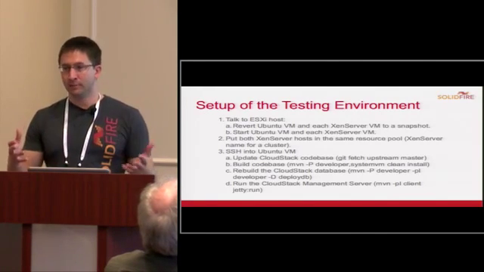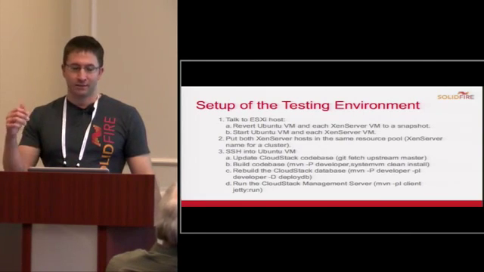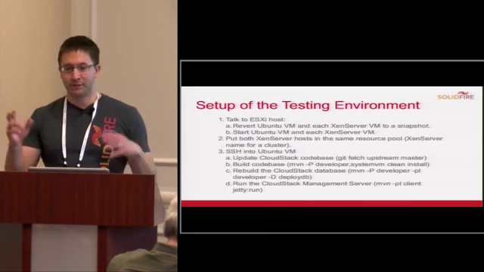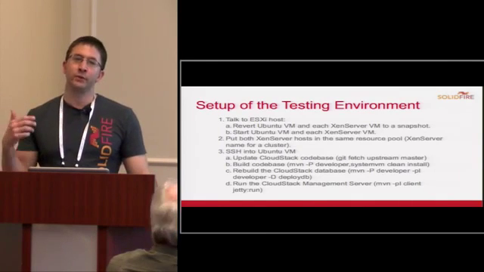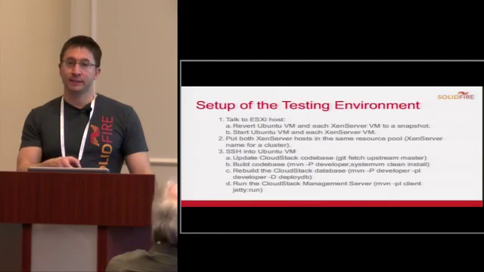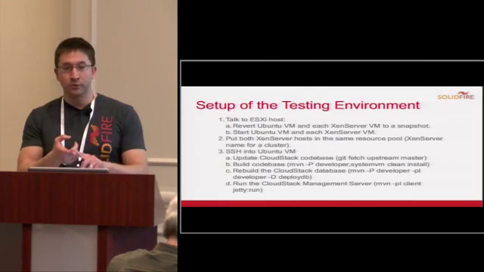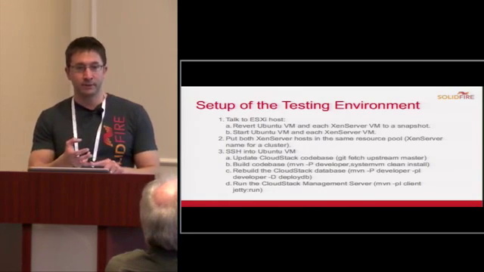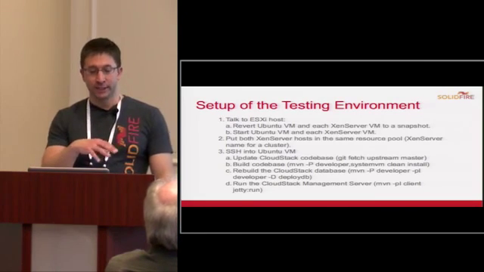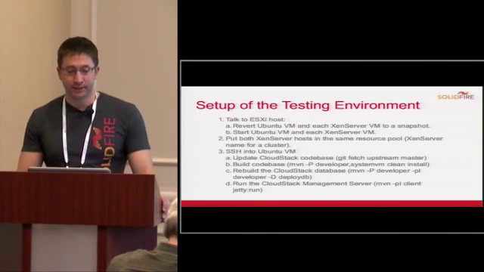So once I set them up the very first time, I shut them down, I took a snapshot, then I started them back up and I used them for a while. Whenever I needed to restart my tests, the first thing I do is I go to the ESXi host, I reset these virtual machines, the Ubuntu VM and both Xen server host VMs, back to an initial state, and then I restart them. So I know they're now in a known good state.